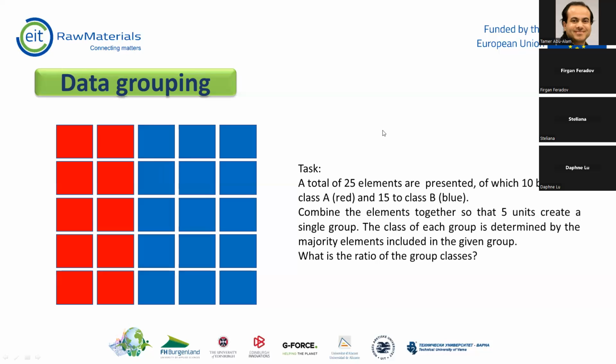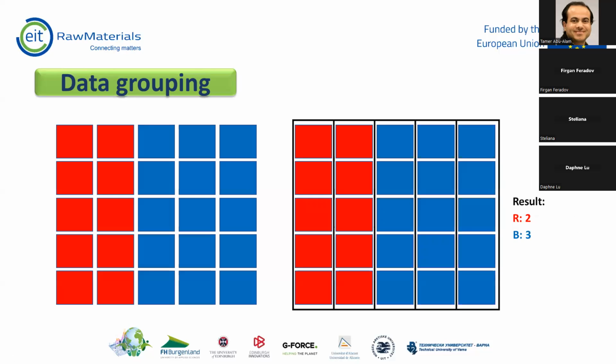But I put forward this task. Combine the elements together so that 5 elements create a single group. The class of each group is determined by the majority of elements included in the given group. And what is the ratio of the group classes? Maybe it is confusing, but I will show you just now what I mean.